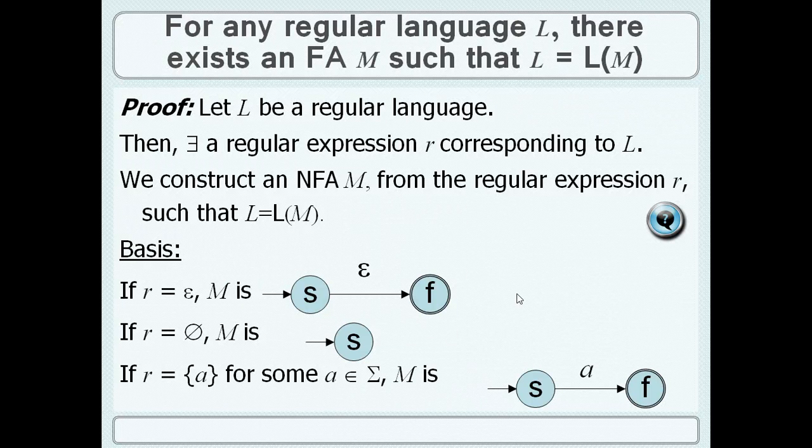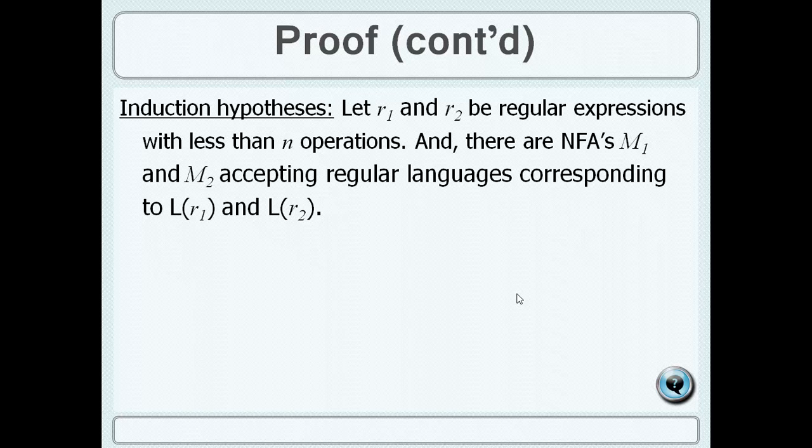If R is equal to the set {a}, where a is a symbol in sigma, then M is given by the figure, where the starting state and a final state are connected with the transition a. So, the induction hypothesis: how to prove?